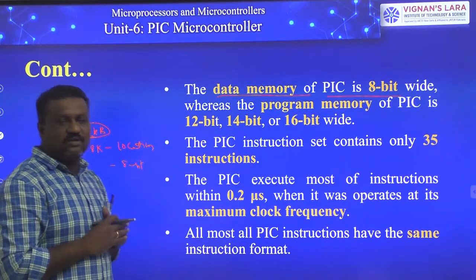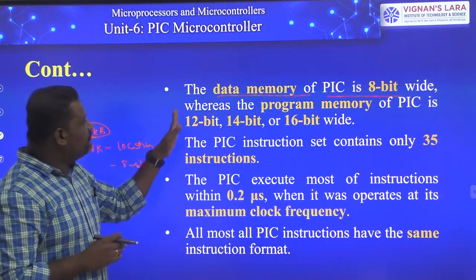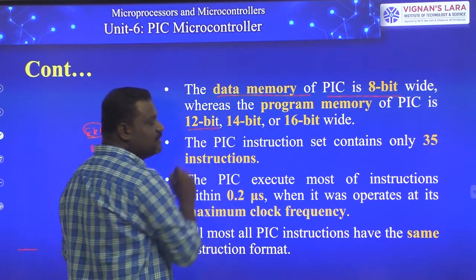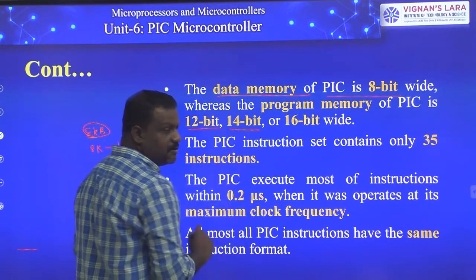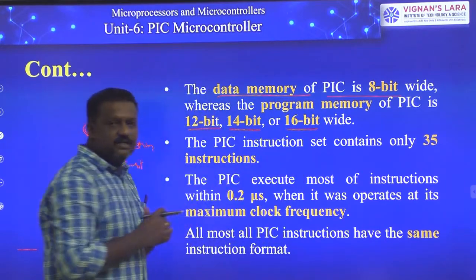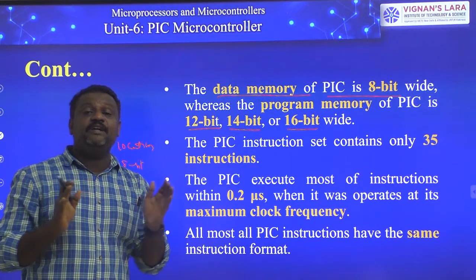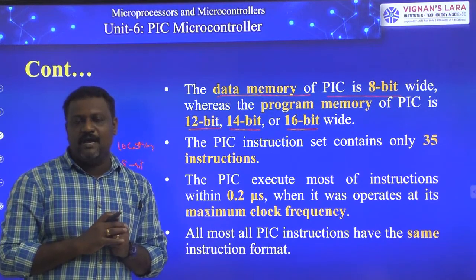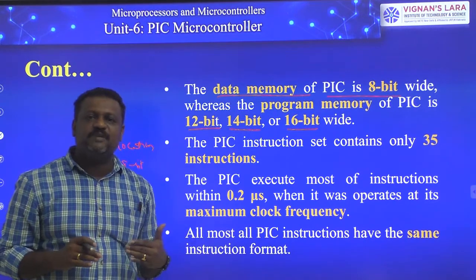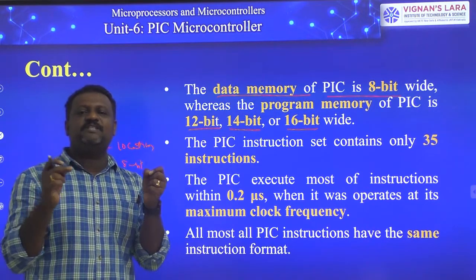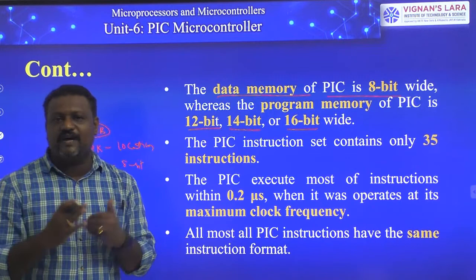But coming to the program memory of the controller, what happens? The program memory of PIC may be 12-bit, or 14-bit, or 16-bit. That means you may find different sizes of program memory. Not only the number of locations present in the program memory, we can also find that the number of bits present in a location varies.